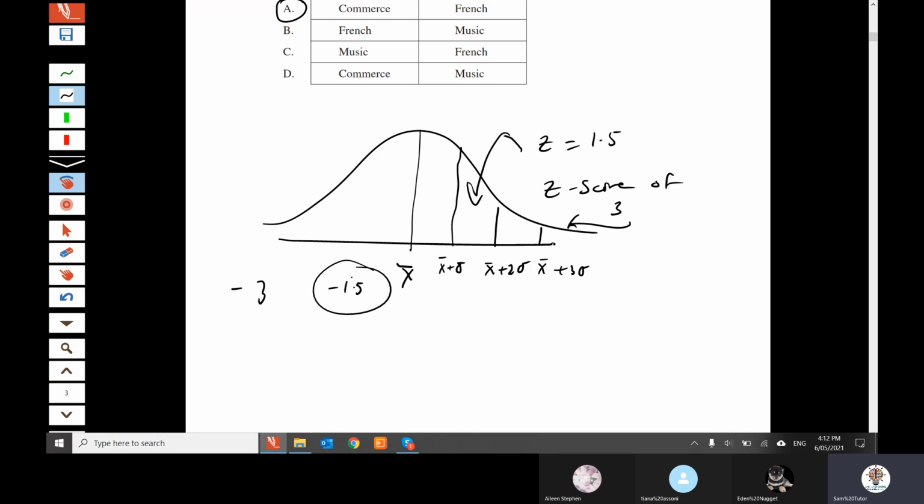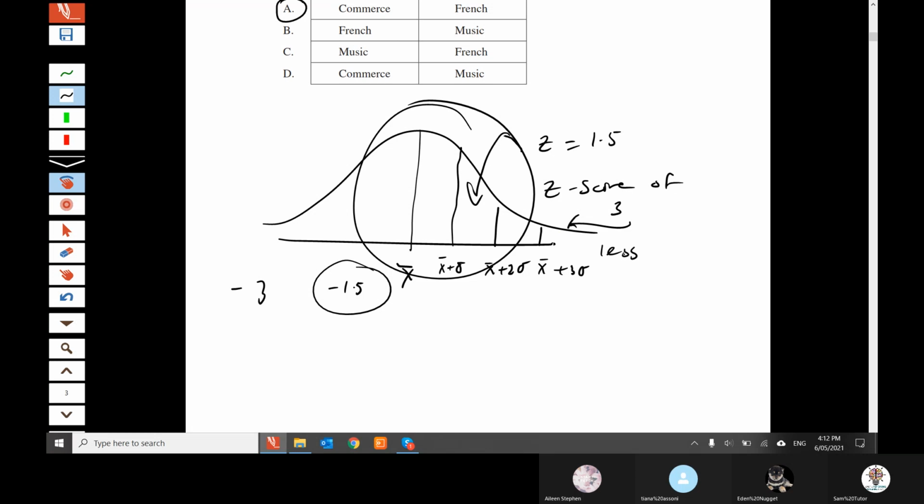Make sense? Come on, Eden, what do you reckon? Yes or no? It just makes sense. You're more to the right. So that means there's more people here, there's less people here. So obviously you did better because you're in the top end.